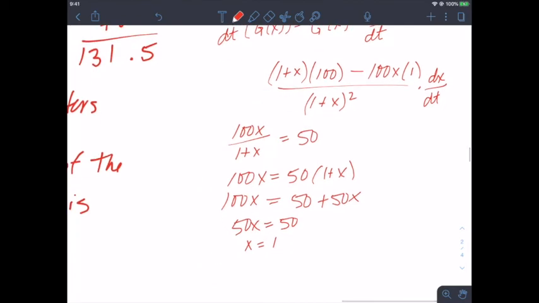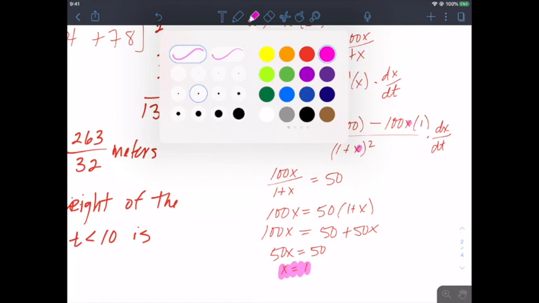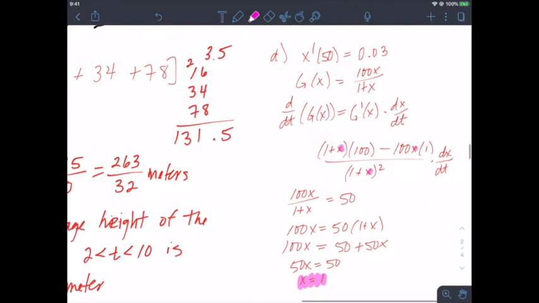So we're going to take this number and plug it in for the x's. And then when the tree is 50 high, it's changing at a rate of 0.03.